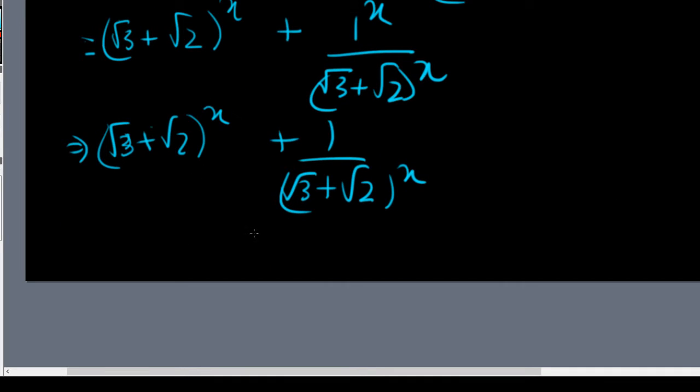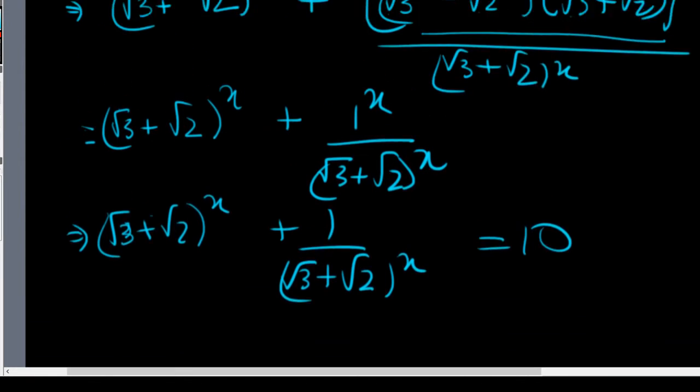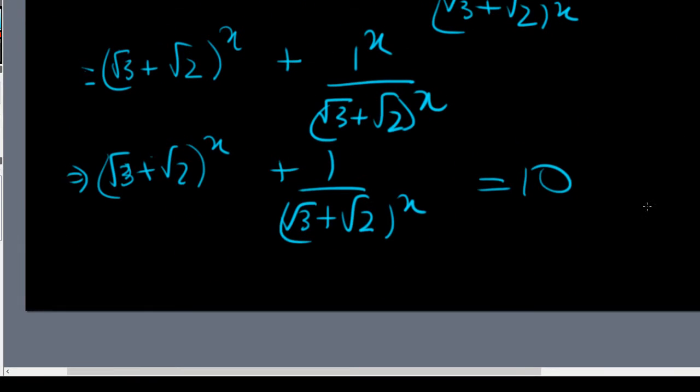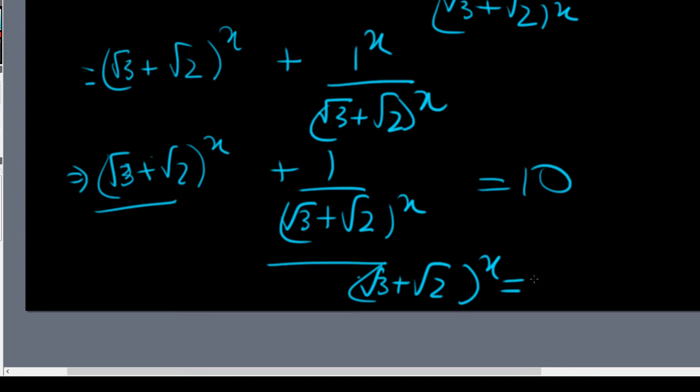Now this equation, which was equal to 10, notice that I did irrationalization, as I said before, to get (√3 + √2)^x as the common term. Now I can just substitute it. Let's say (√3 + √2)^x is another variable, let's say phi, and you can name it anything.